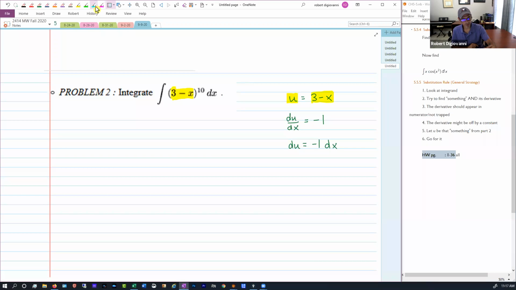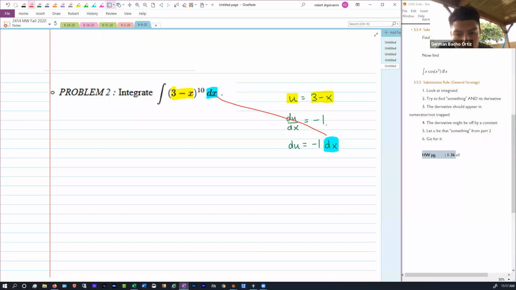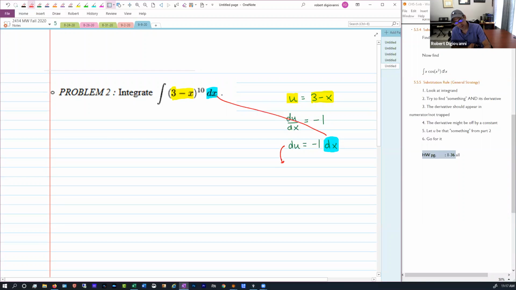The only thing left over here is dx. But look at your derivative here. You have dx right there, but we have a -1 over there. And we don't want a -1, right? We're trying to match this up. So what could you do to get rid of a -1 on that side of the equation? We could just multiply it by a negative. Yeah, we'll just multiply both sides of this equation by -1. We get negative du equals dx. And now we have a perfect match for dx.